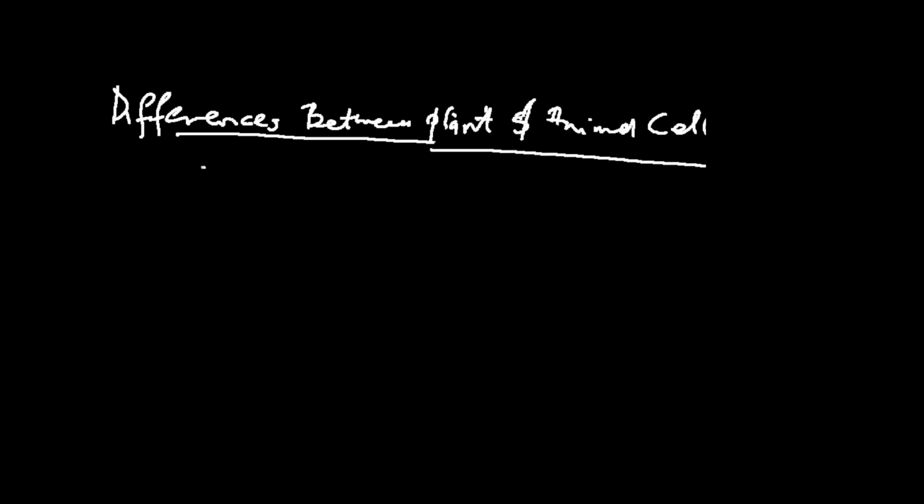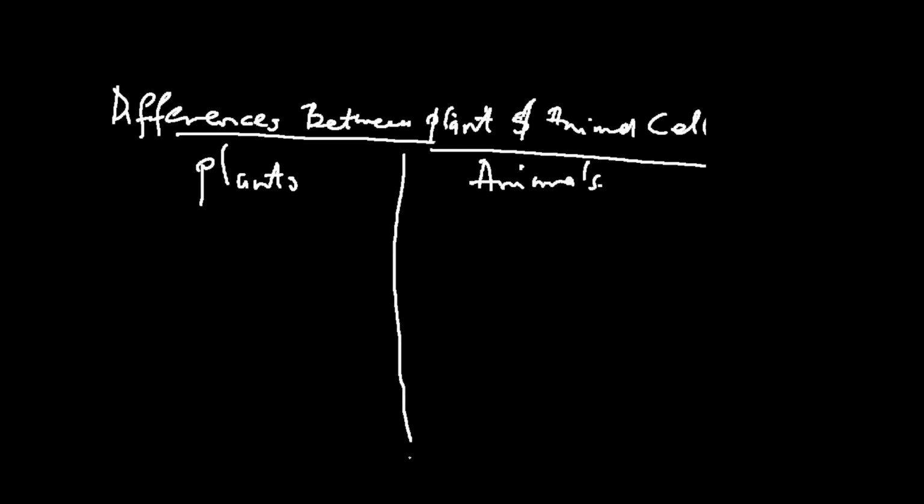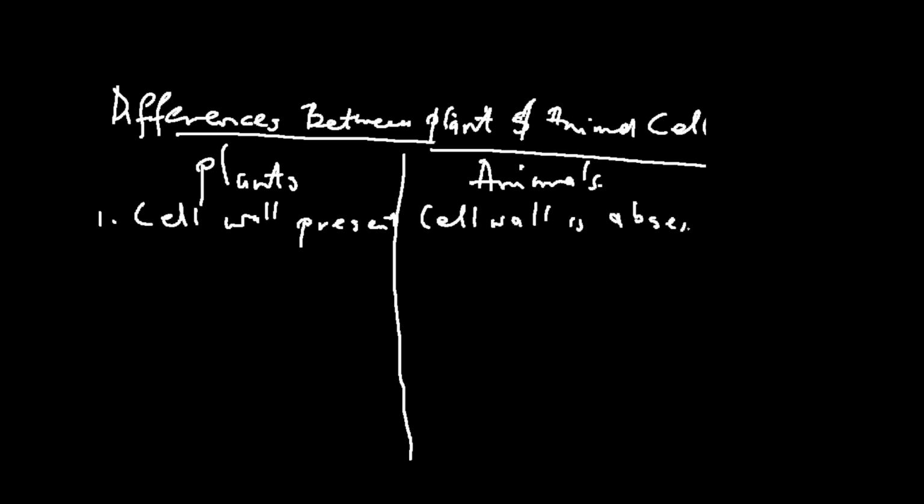So we have plants and then we have animal. One, here, plant cell has what? Cell wall present, while under animal, cell wall is absent.